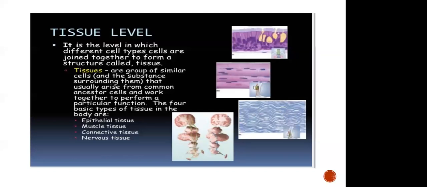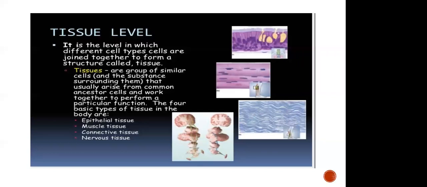That means all the cells are similar, isn't it? A group of similar cells that usually arise from the common ancestor or common parent cell and work together to perform a particular function.